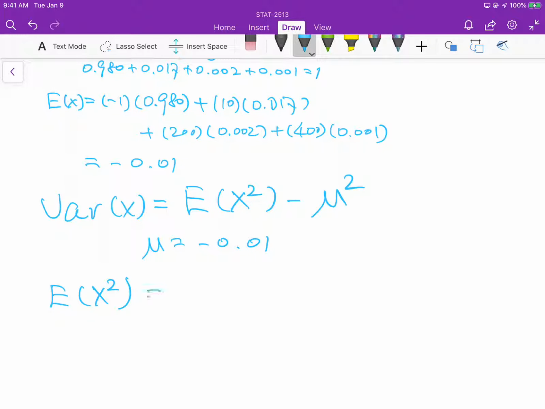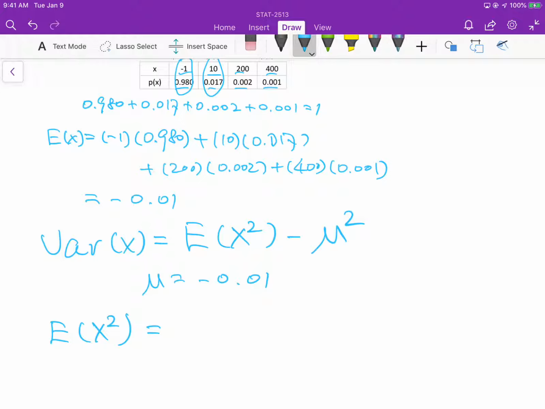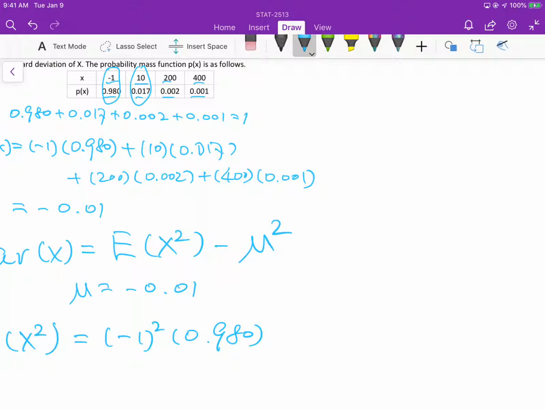For the expectation of x squared, notice this is x squared, right? So for each possible value of x, we square it, then multiply it by the corresponding probability. For example, the first possible value is -1. So -1 squared times 0.980, the corresponding probability. Then we add 10 squared, 10 is the possible value of x, times probability 0.017.